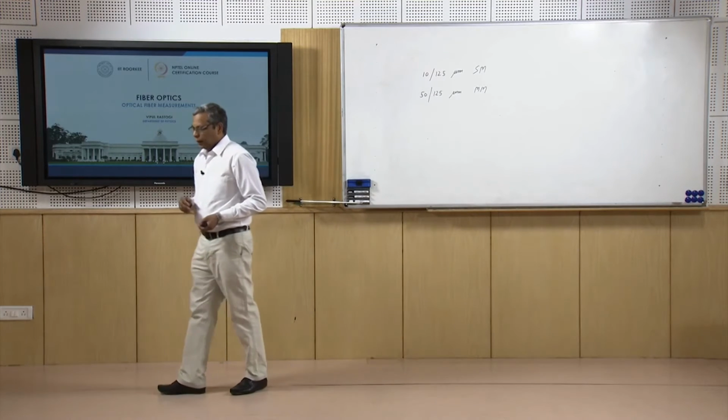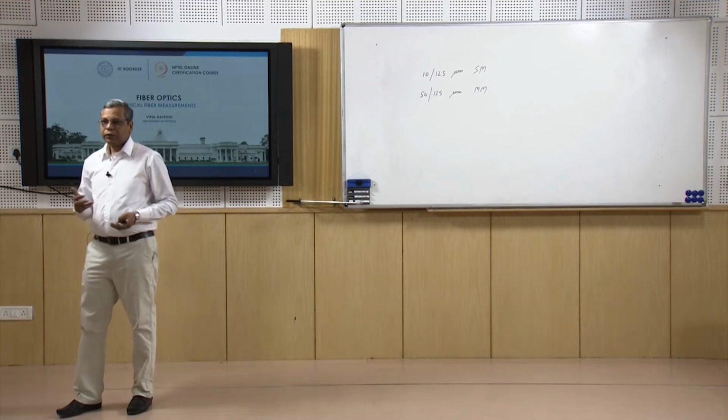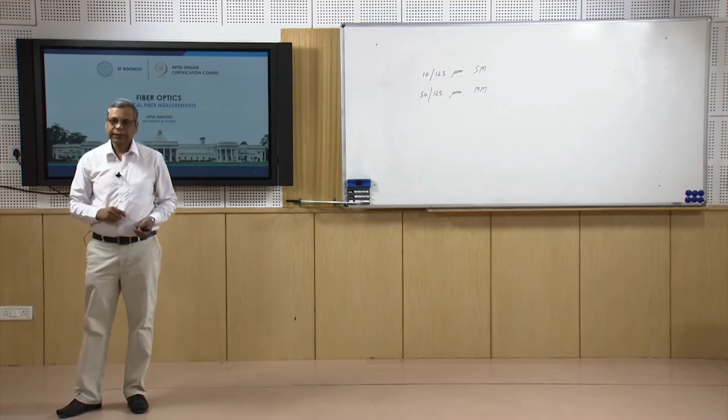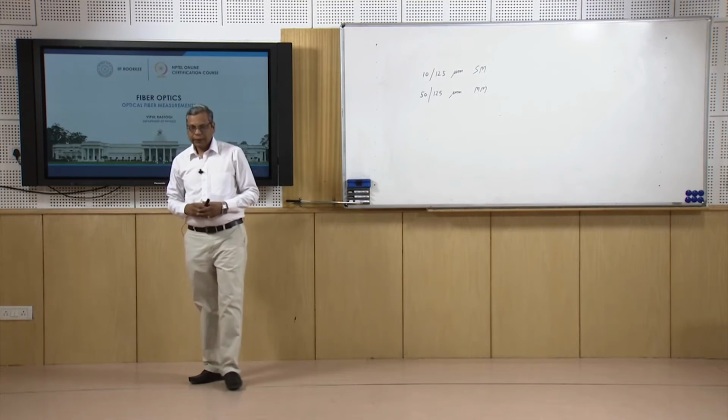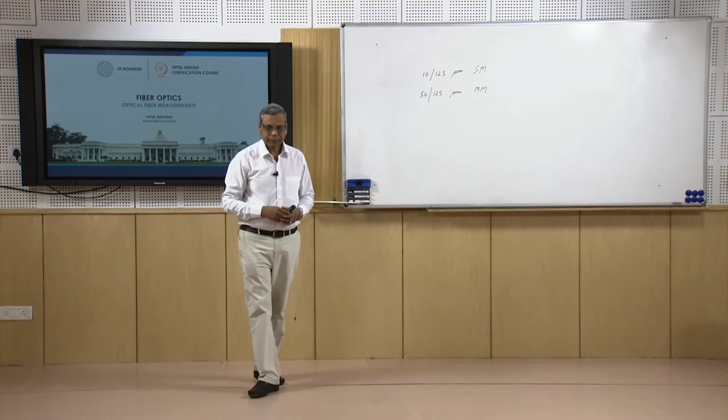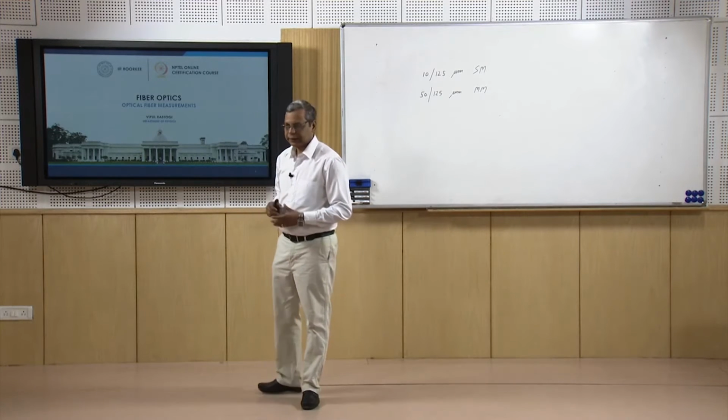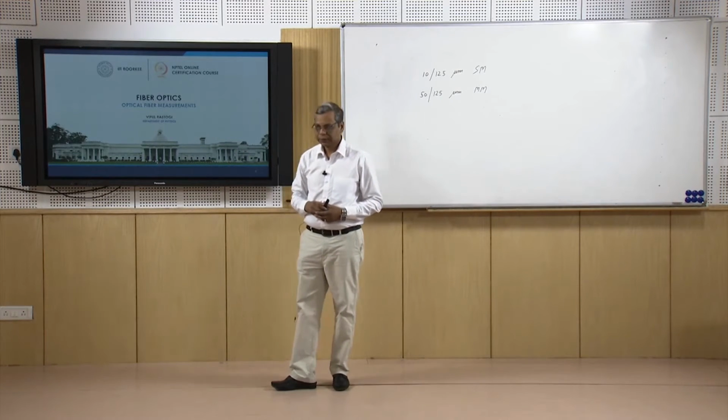So, when we have a fiber, we need to know all these things, we need to actually characterize the fiber. In order to do that, there are certain techniques, and I will discuss a few such methods in this lecture.